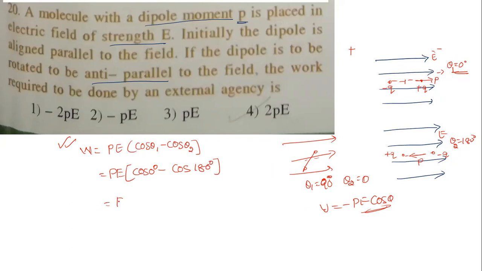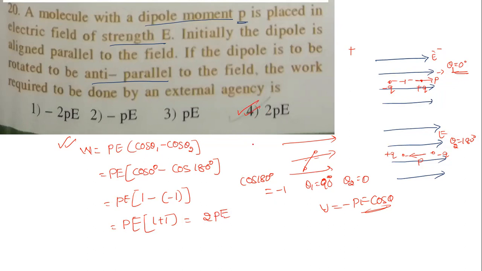So it becomes PE times (cos 0 degrees, which is 1, minus cos 180 degrees, which is minus 1), because we know the value of cos 180 degrees is equal to minus 1. So PE multiplied by 1 plus 1. 1 plus 1 is 2, so it becomes 2 times PE. So the fourth option is correct.